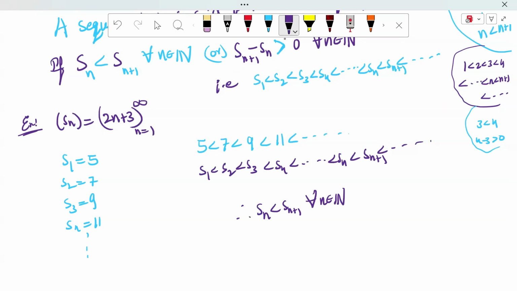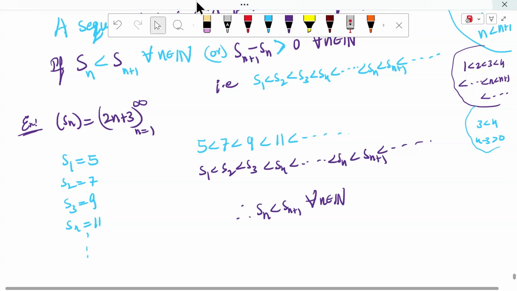Therefore, the sequence is an increasing sequence. The terms of the sequence S1, S2, S3, S4 up to so on are increasing. So therefore, the nature of the sequence is increasing sequence.